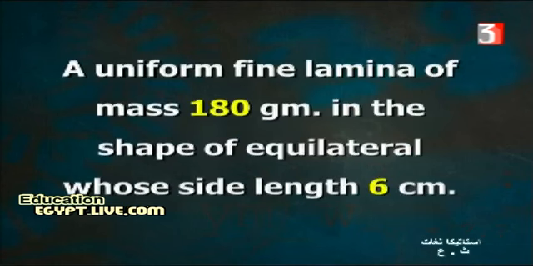My dear student, look at another example. Now, my dear student, translate to an important example. Uniform fine lamina of mass 180 gram in shape of equilateral triangle, side length 6 centimeter.